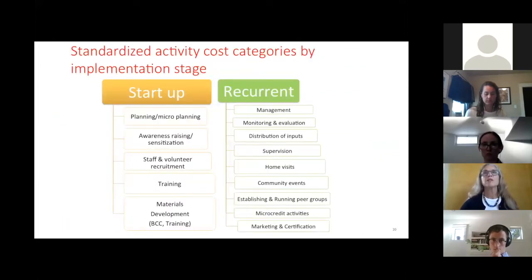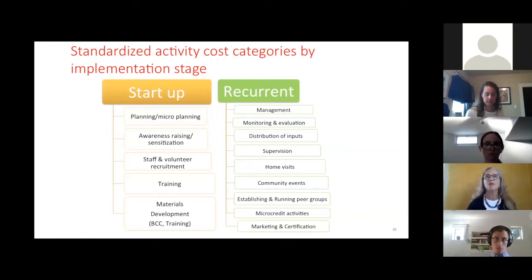Now what we do is, once we calculate those costs, we can categorize them by a standard set of input and activity categories. I'm sharing with you right now these standardized activity categories that are disaggregated by the timing of the investment, either startup or recurrent.